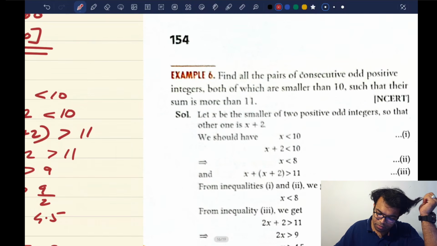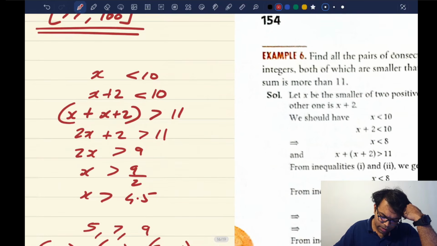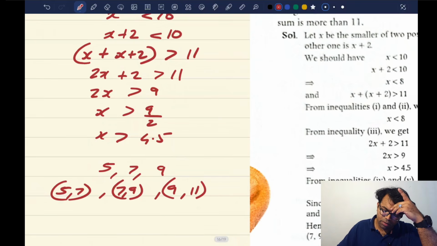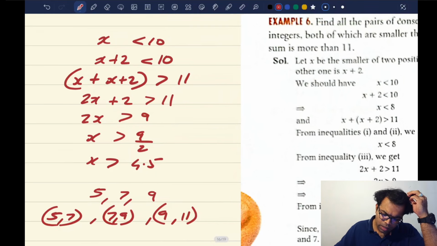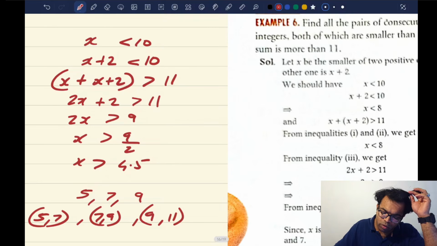Did I make a mistake? It should be less than 10, right? Yeah, but why is 9 not going to come? The sum should be more than 11, right?